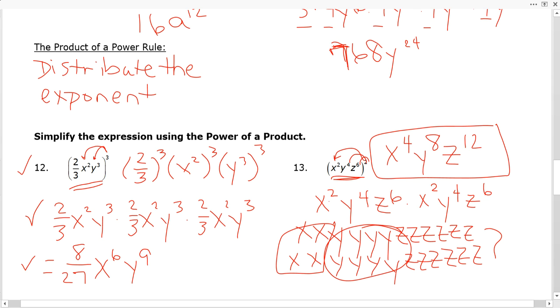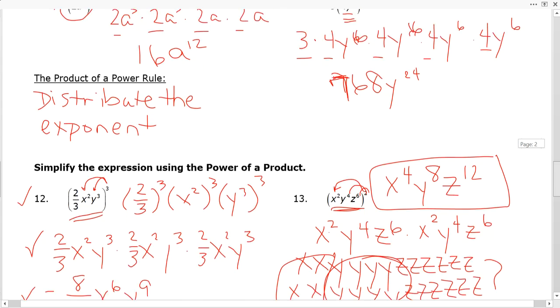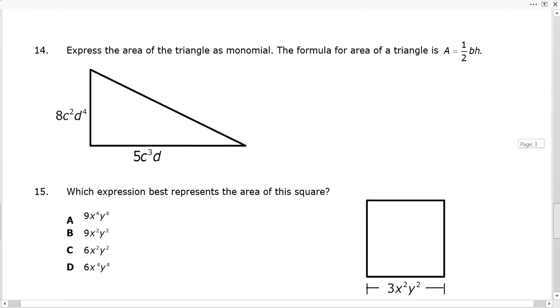But I can spend a lot of time writing it all out. If I remember my rule, I can just multiply my exponents times each one, and I'll have my answer. So don't forget to always do it the easy way.